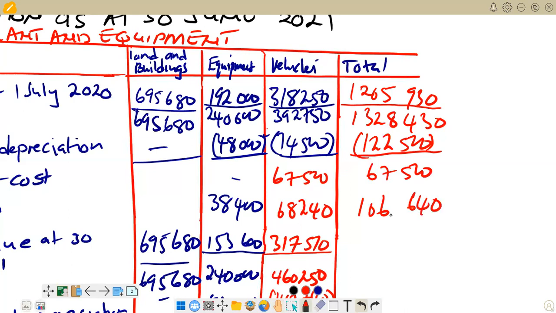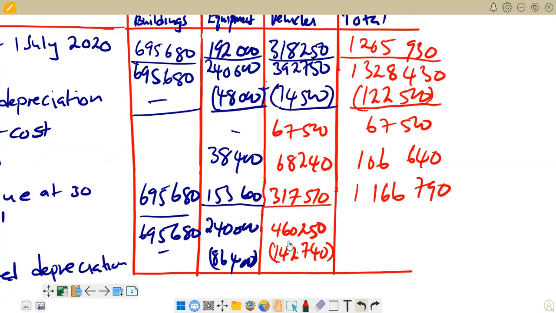106,640. And then here we add this one plus this one plus this one. You're supposed to get 1,166,790. You come here again, you add the ones that are below. You add here this one plus this one plus this one. Get the total here.